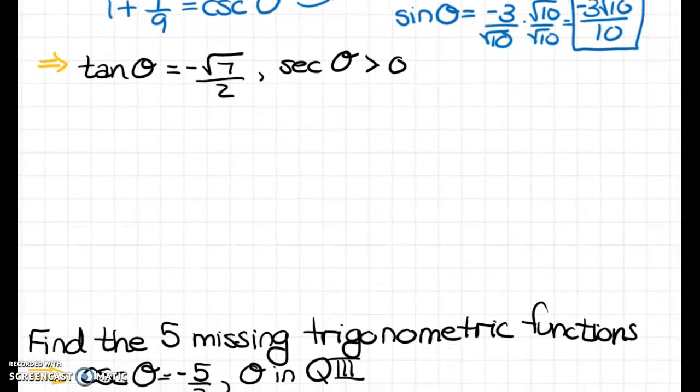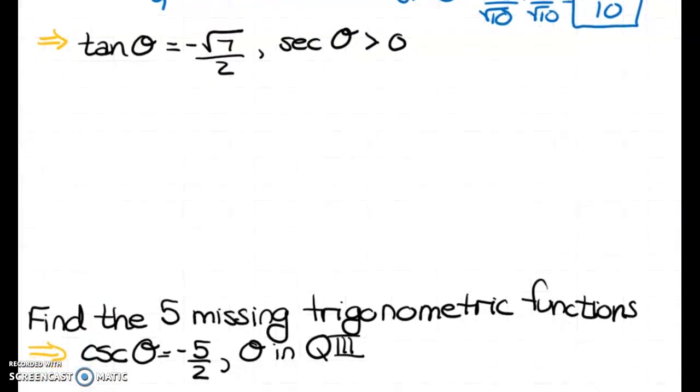All right, so this is the last of this section that I'm going to do. How do I find sine if they give me tangent? All right, so it tells me tangent is a negative value. So that tells me I am in quadrants 2 or 3. Tells me secant, which is the reciprocal of cosine, is positive.